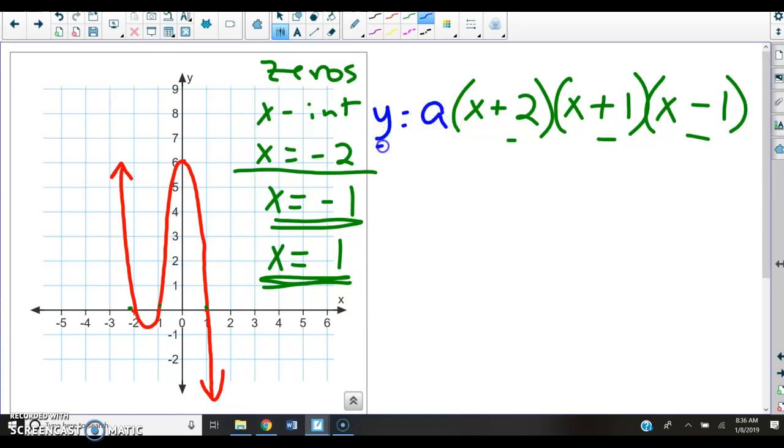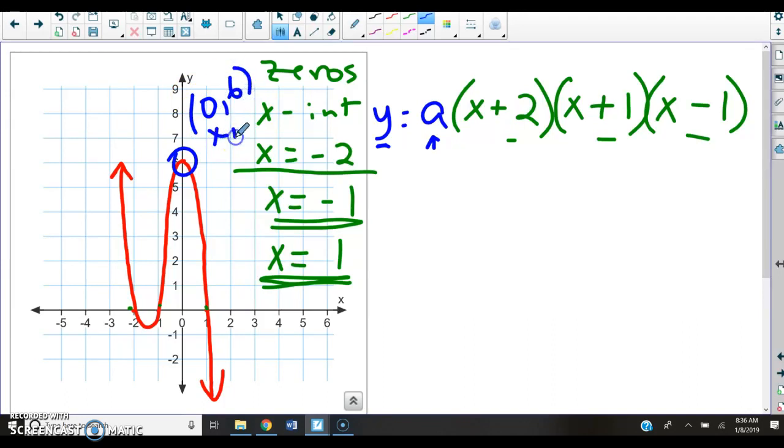Now you can write this as y equals or f of x equals. Okay, to find out the value of a, I'm going to use a point that is not a 0 on the x-axis. So I'm going to use the point (0, 6).